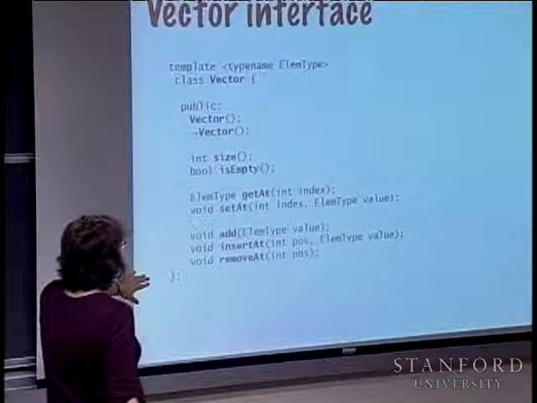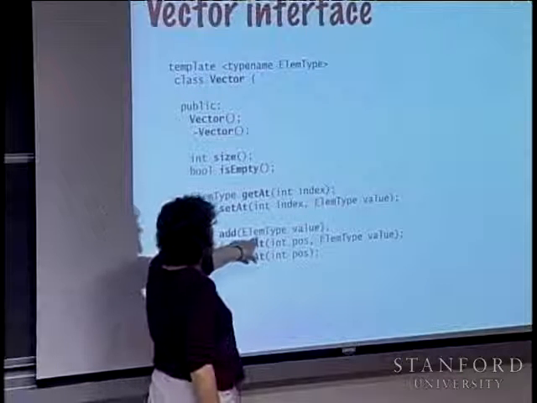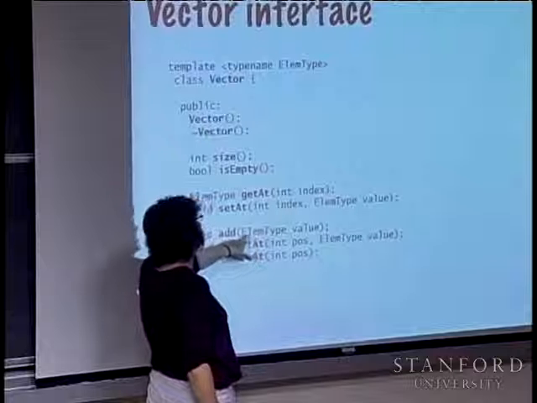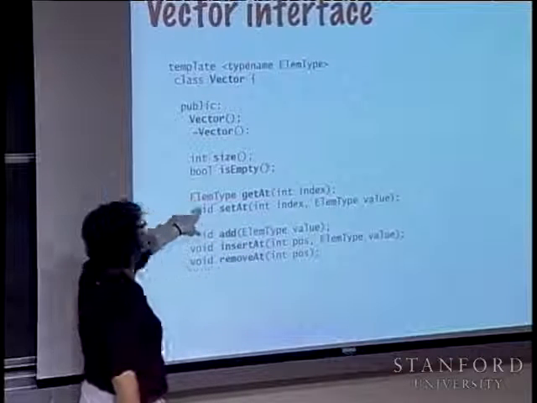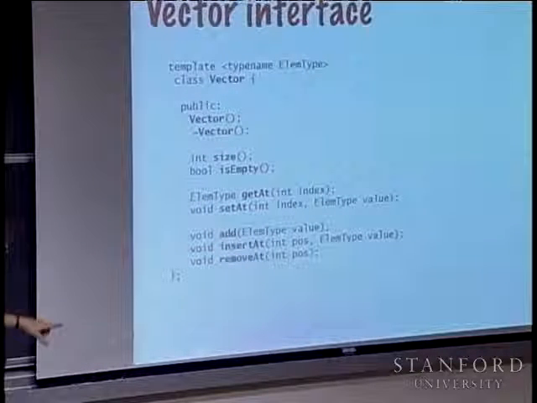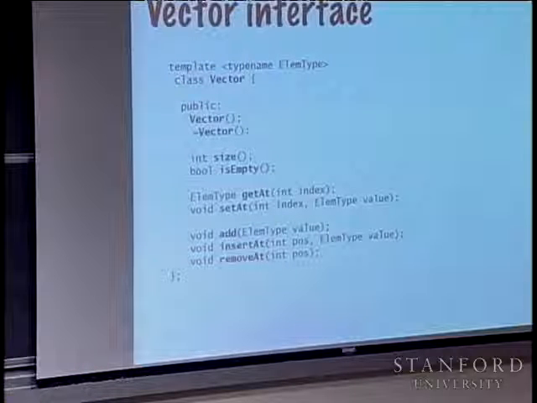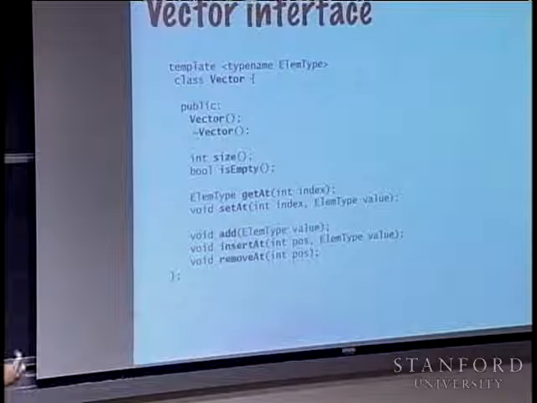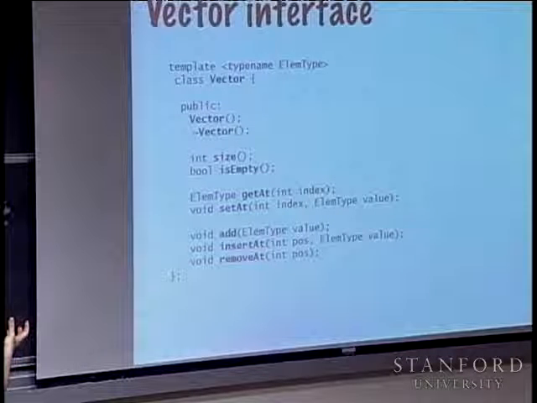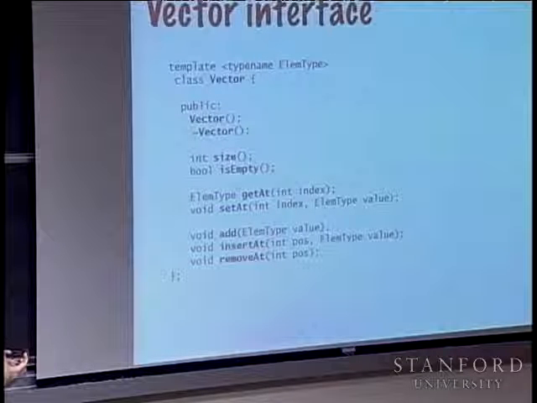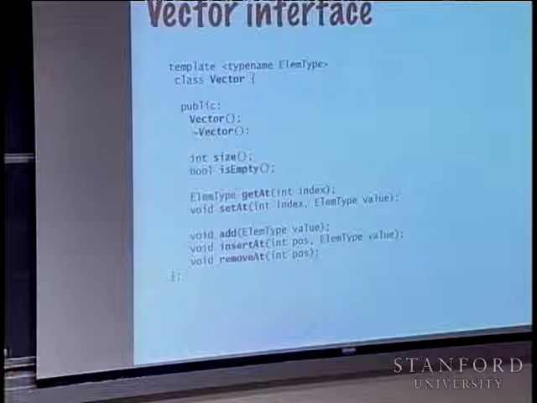The one thing that's a little bit unusual about it is that every time it's talking about the type of something that's going into the vector or coming out of the vector, it uses this ElemType, which traces its origin back to this template header up there. That is the clue to you that the vector doesn't commit to storing ints, doubles, or strings.